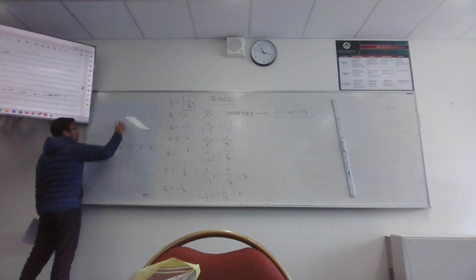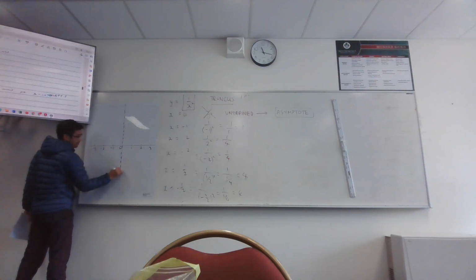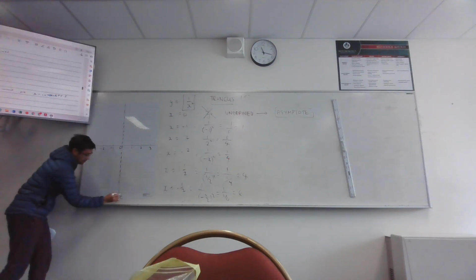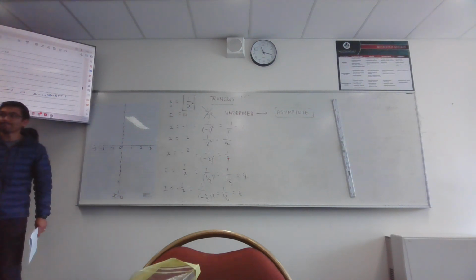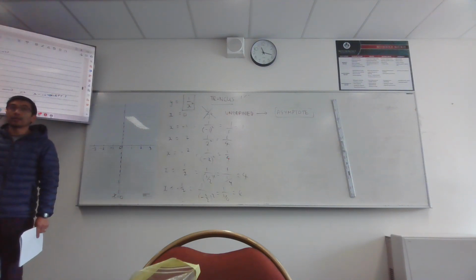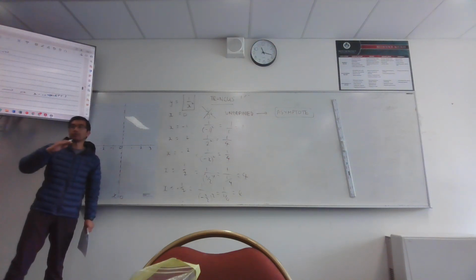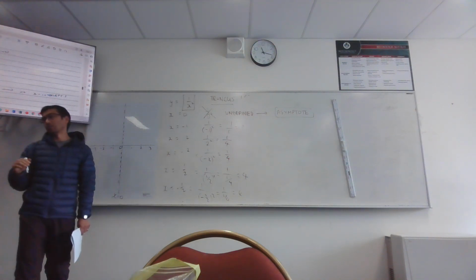x equals 0 is our asymptote. Label your asymptotes. So in the SAC, we only have to acknowledge the asymptote, and some points that it runs through. Some points, not all points.